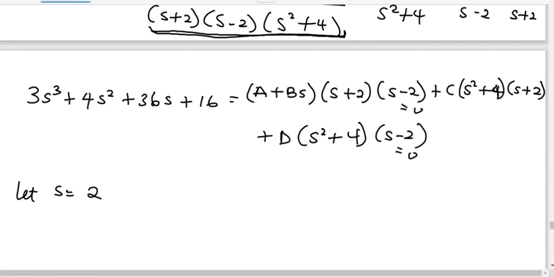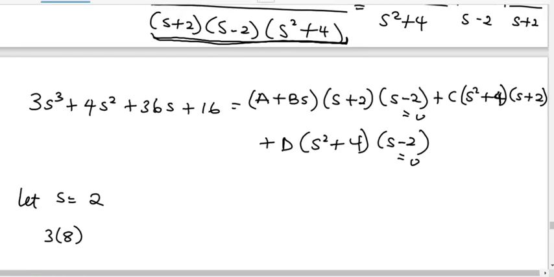We'll now be solving for our c. If you implement that, you'll find that this will be 3 times 8 plus 4 times 4 plus 36 times 2 plus 16.